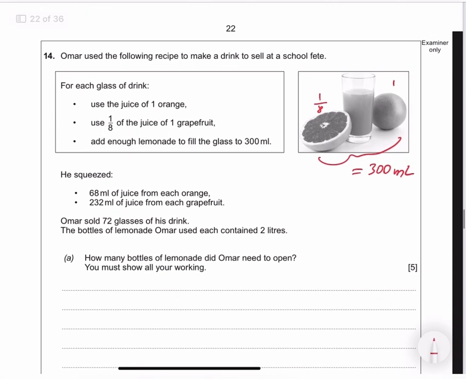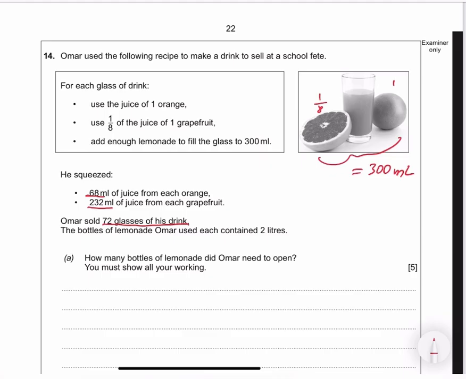So for each glass, he uses 68 ml of juice from one orange, then 232 ml of juice from each grapefruit, but only 1/8 of it. Remember, 1/8 of that grapefruit he uses, and the rest will be lemonade.